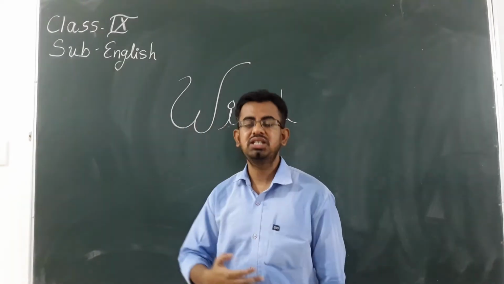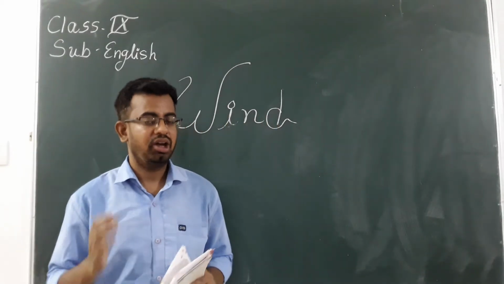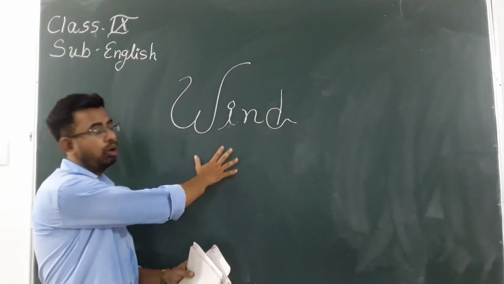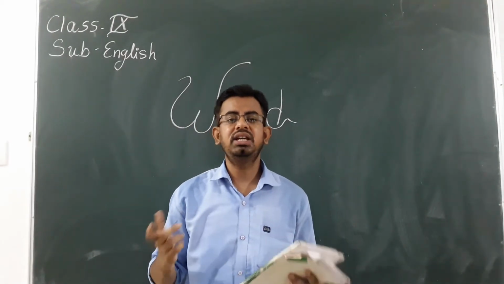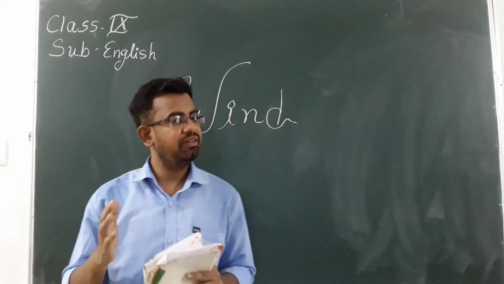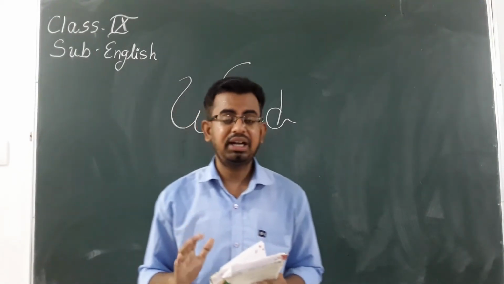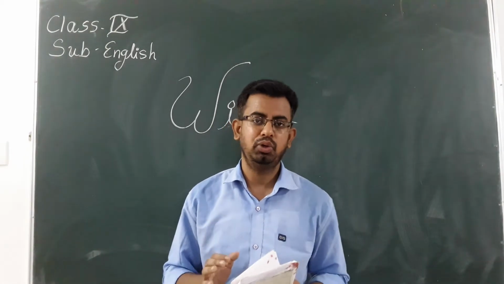So in the last four lines, the poet is giving the important message which is hidden in the poem. And the message is that we had seen that the wind is one such person to whom if you request, he will not listen. But once you make friendship with him, he will help you.